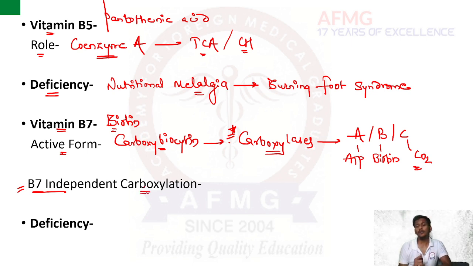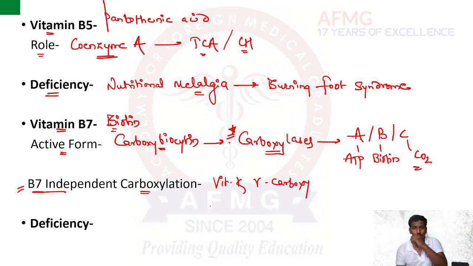One of them we have already seen, that was vitamin K, right? So vitamin K dependent gamma carboxylation of clotting factors 2, 7, 9 and 10, there biotin is not required. The second example would be malic enzyme. In the case of malic enzyme also, we do not require B7 for carboxylation.